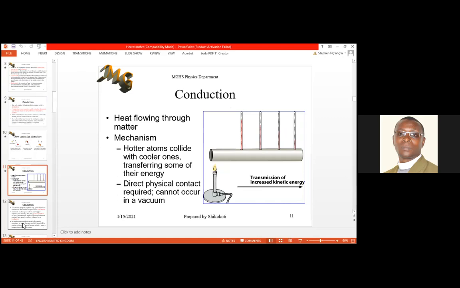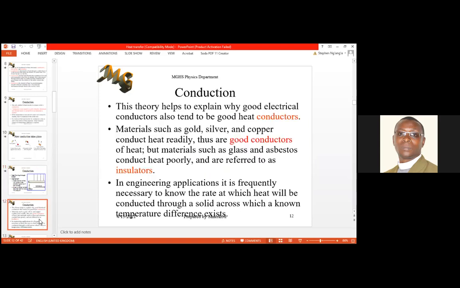Of course, physical contact may not occur in a vacuum. The aspect of free electrons tries to explain why good conductors of electricity are also good conductors of heat.